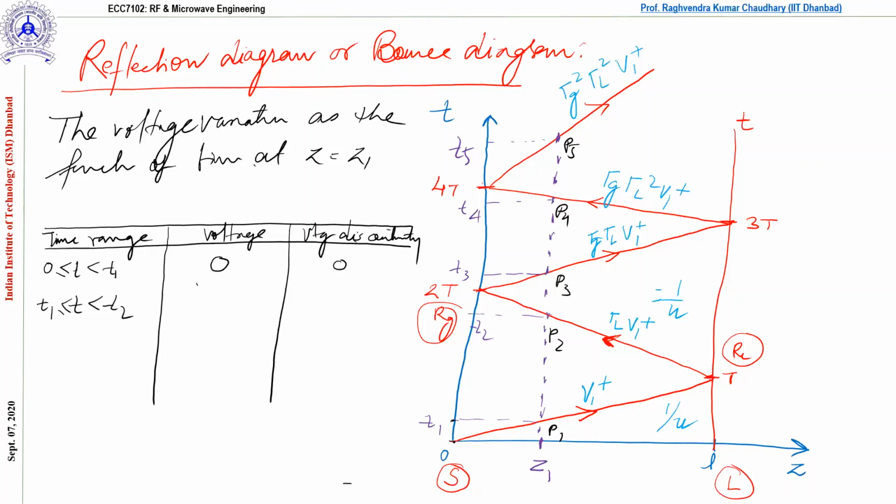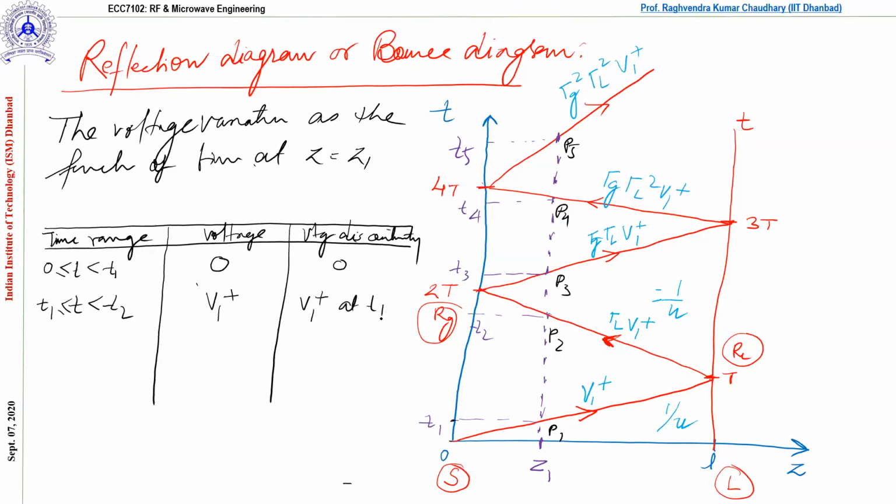The wave will go initially, reach z1, then again reach the load, and because we have to find it out below t2, it is not going to touch the source side or this location again. So what is the voltage value? V1 plus. Please take care. And what will be the discontinuity? The discontinuity is V1 plus at t1.